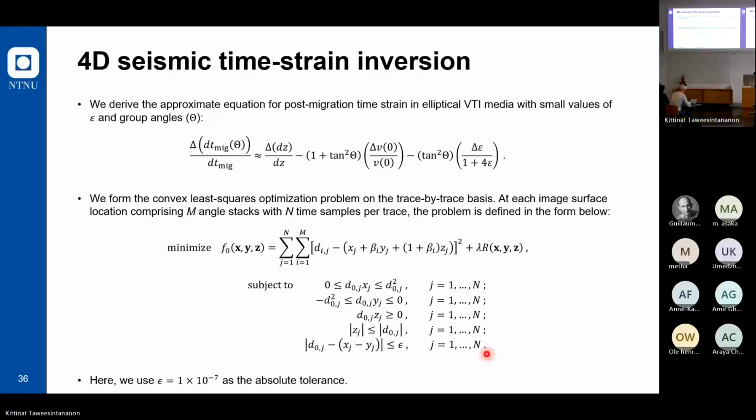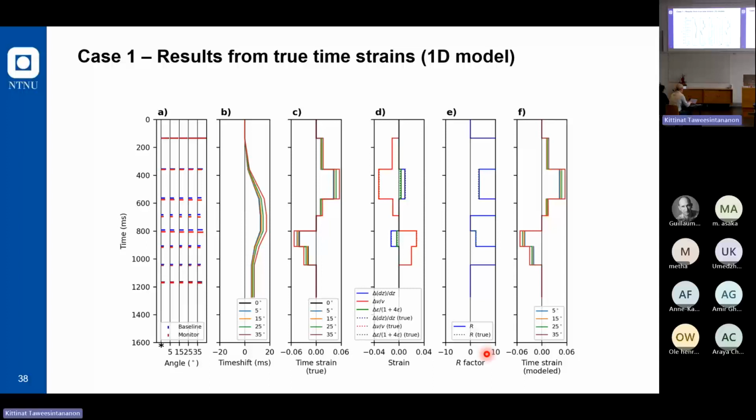So in this example, I show 3 cases. First, I show results from true time strain for the 1D model. This is a synthetic model. I first create the model in the D here as a dashed line, where there is some overburden, where the blue line, the thickness strain, is positive in the overburden, and velocity strain is decreased, so it gives negative velocity strain here.